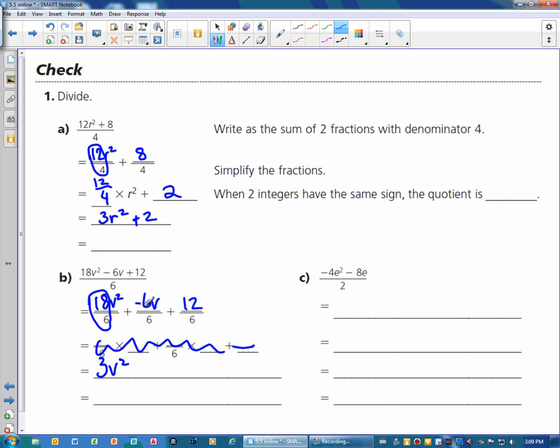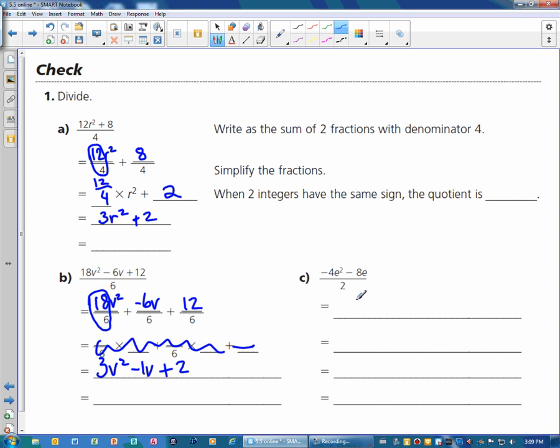Here I have negative 6 divided by 6 is negative 1. So you can write negative 1 and then you've got that v. You could have easily just written negative v because you don't write the 1s normally, but it's okay to do it. And then 12 divided by 6 is 2. And I write plus 2 because it's a positive 2. Notice here I didn't write this plus because I'm not going to write plus minus. A plus minus is just negative.